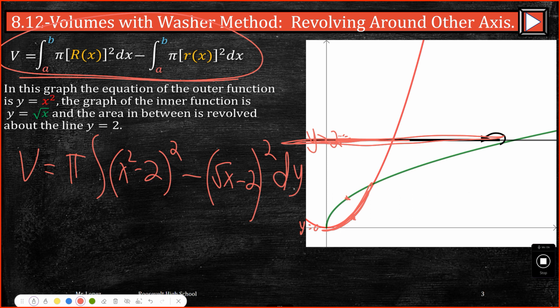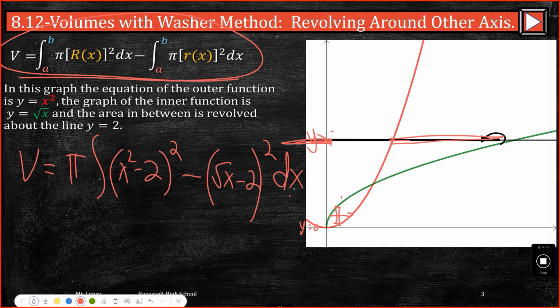What is this? We got a problem, because we're doing dy or we're doing dx? We're doing dx, no? We're doing dx because it's this minus that, and we're going dx. Okay, so this is dx. Put it in a calculator.